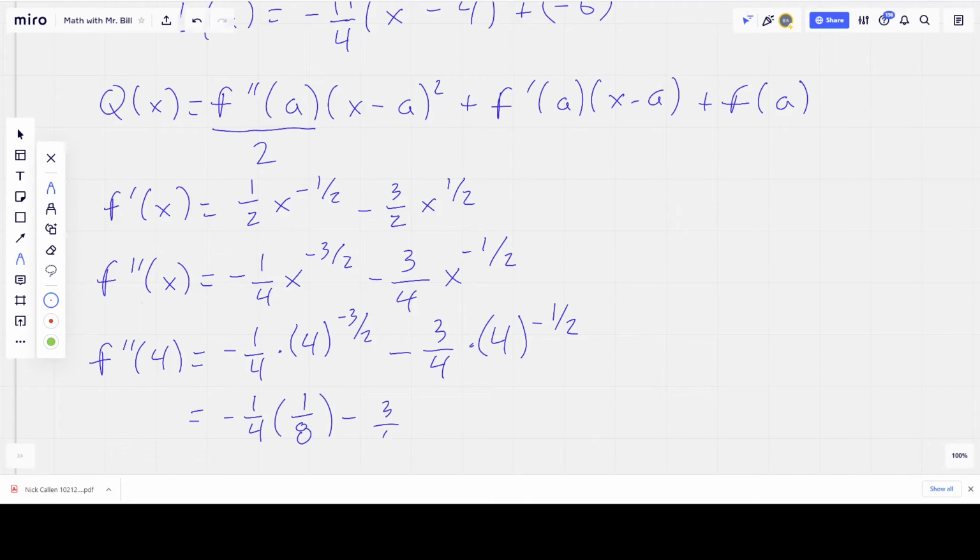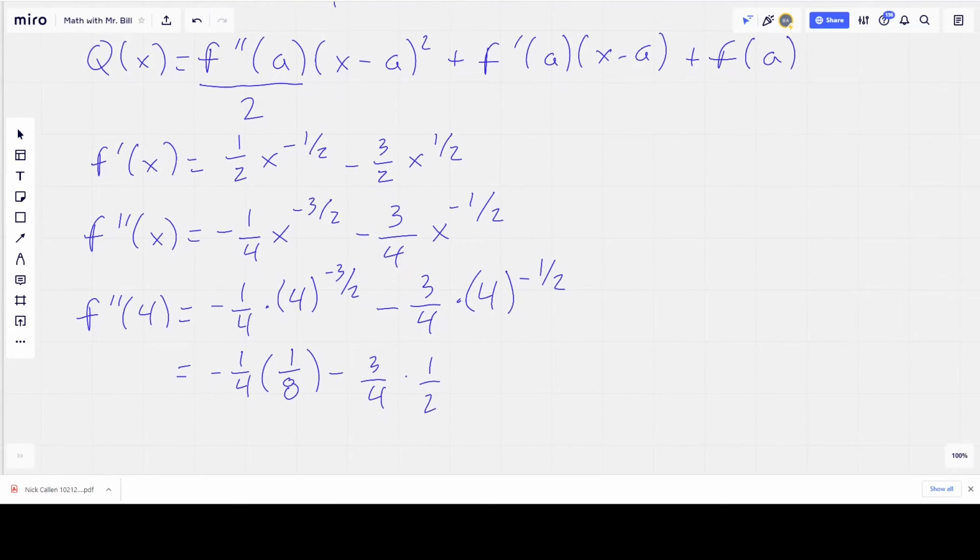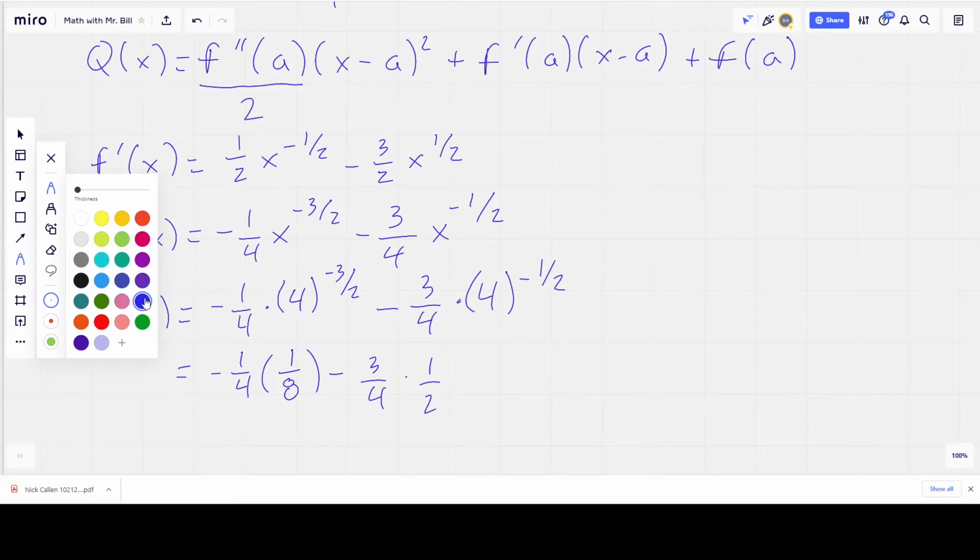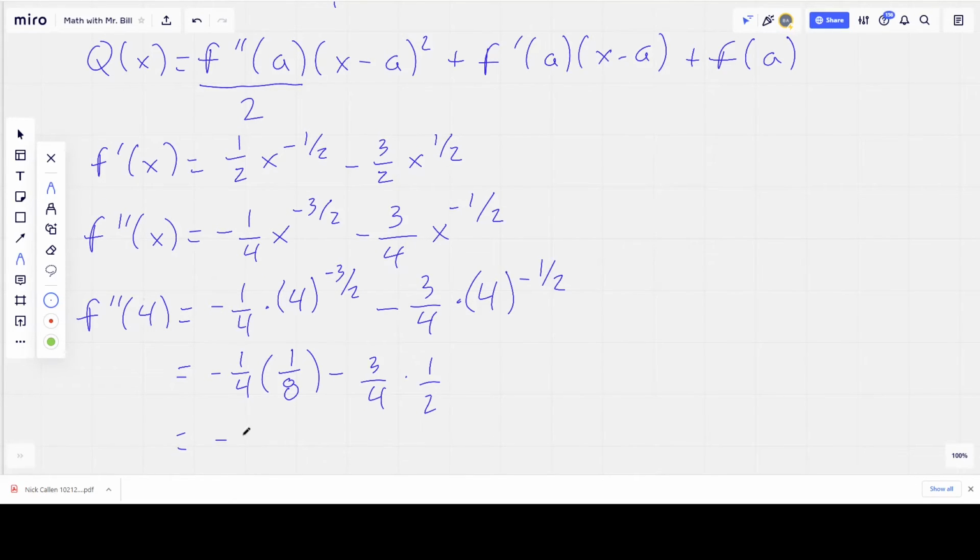Minus 3/4 times 4 to the negative 1/2, which is 1 over the square root of 4, which is 1/2. Combining those terms, we get negative 1/32 minus 3/8. And that is negative 1/32 minus 12/32, which is negative 13/32.